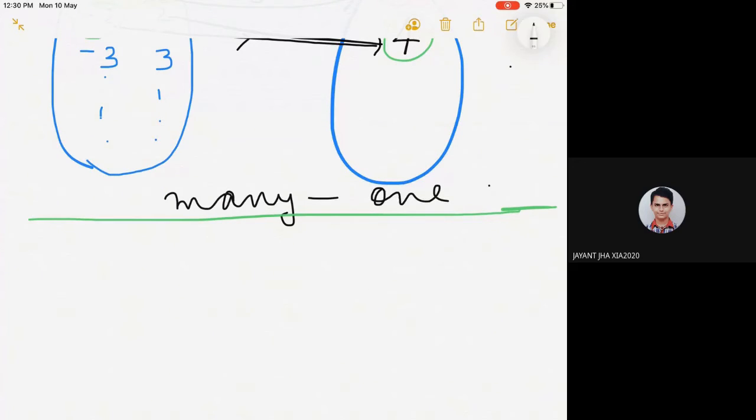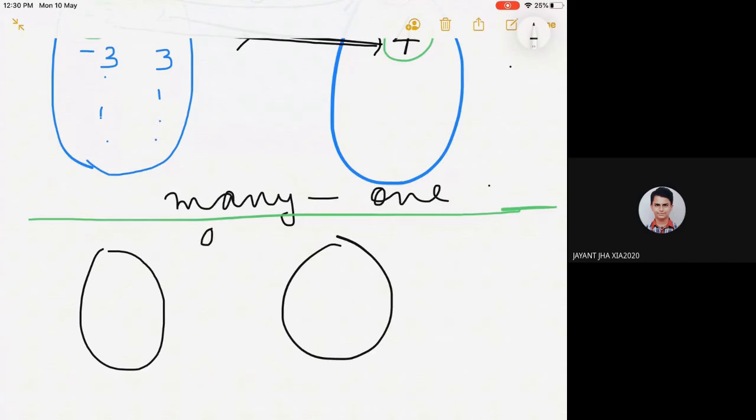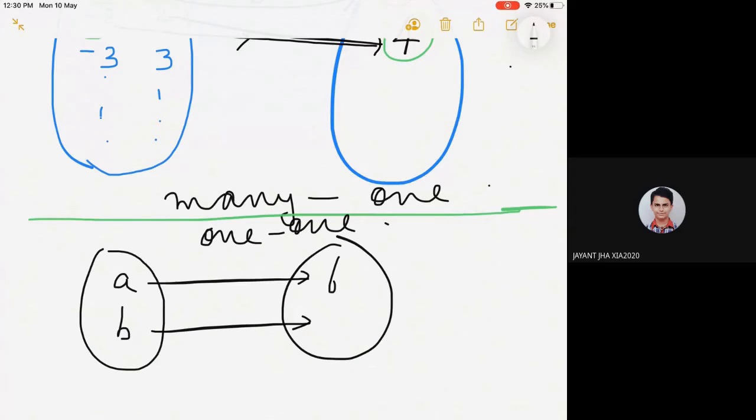See, what I told you is, when a function is one-one, what is the meaning? When A is not equal to B, their images are also not the same. That is, f of A and f of B are different. The images of A and B are different.